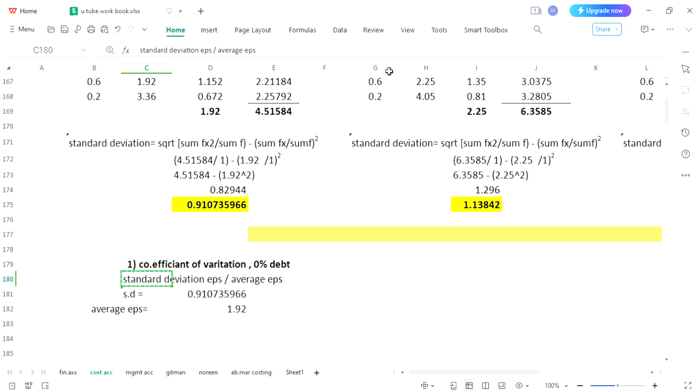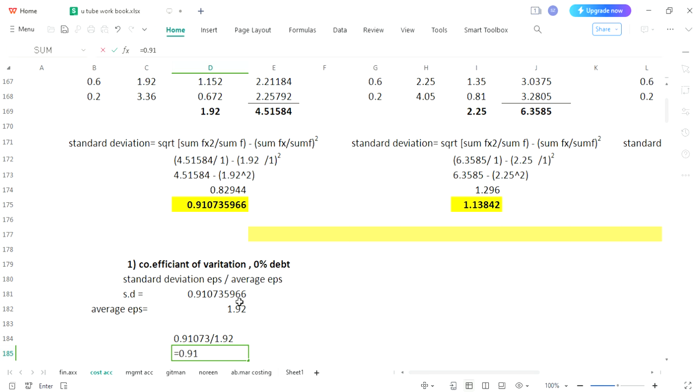Now you can put in the formula: standard deviation 0.91073, and it would be divided by average EPS. We have calculated 1.92. Statement is completed.